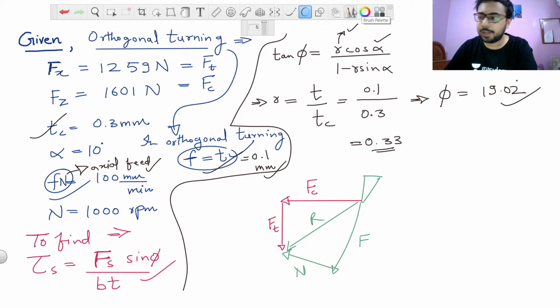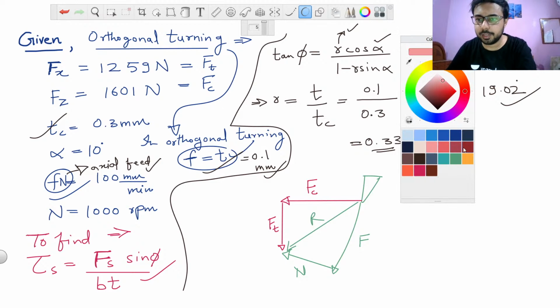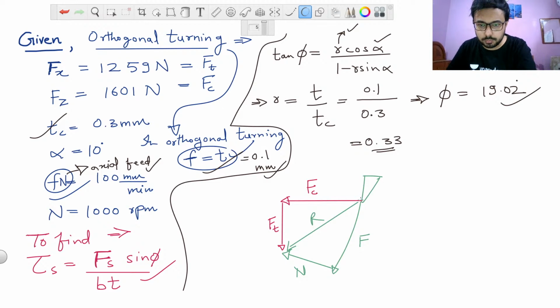And finally we will be having another pair of forces. So this is the force that we have to concern ourselves with for this question.